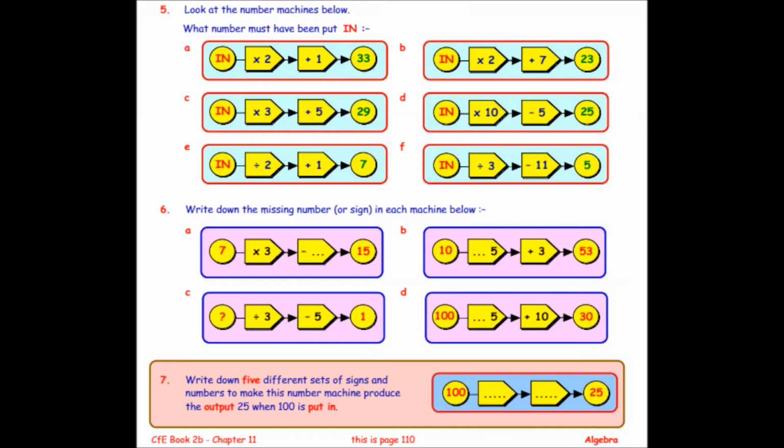So there are 7 questions. I recommend that you do 2 a day, except Friday when you do this pink one. So today, Tuesday, questions 1 and 2, Wednesday, 3 and 4, Thursday, 5 and 6, Friday, question 7, which is more difficult.